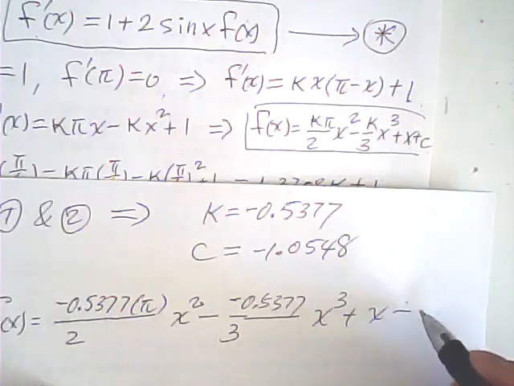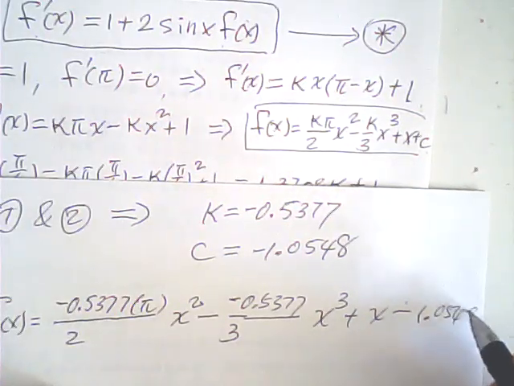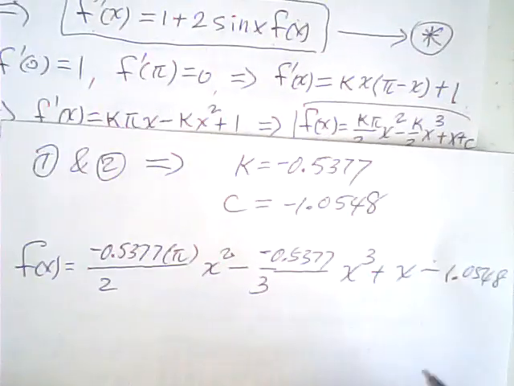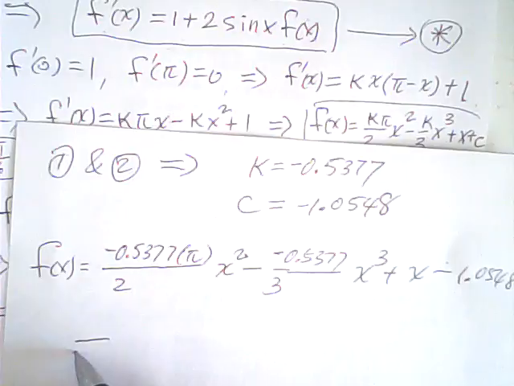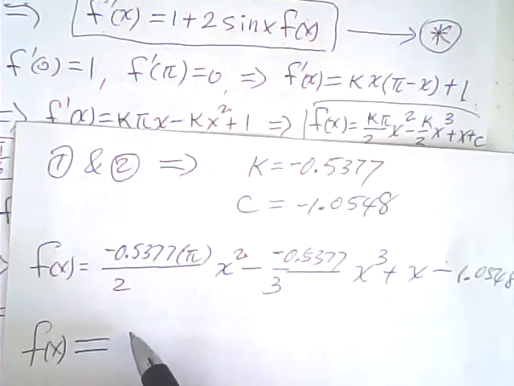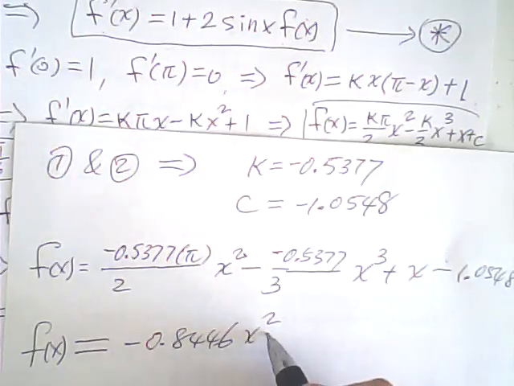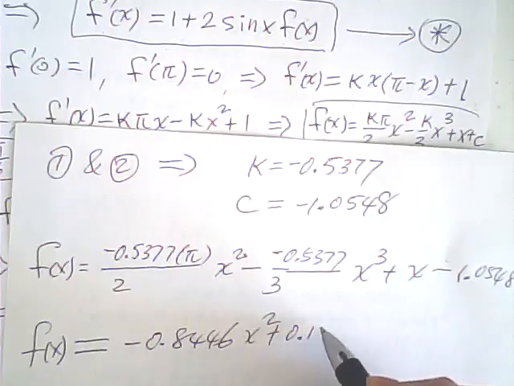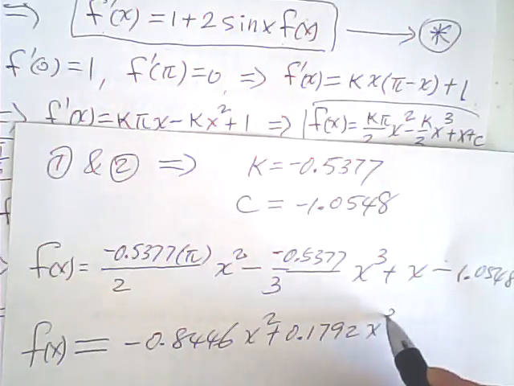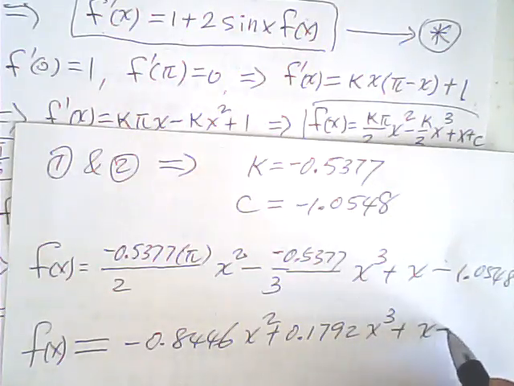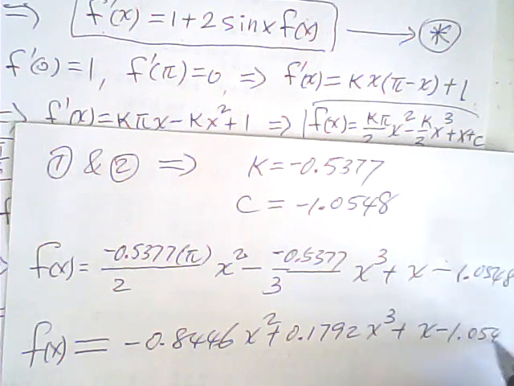Plus c is 1.05. Well, after simplifying, f of x is equal to negative 0.8446 x squared plus 0.1792 x cubed plus x minus 1.0548.